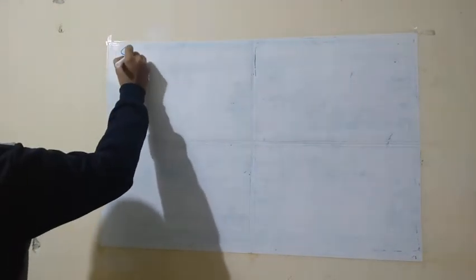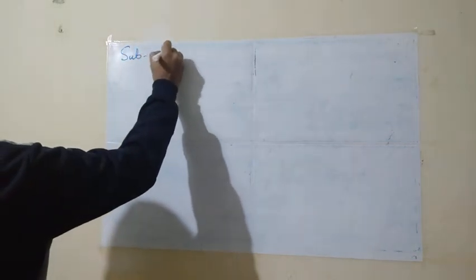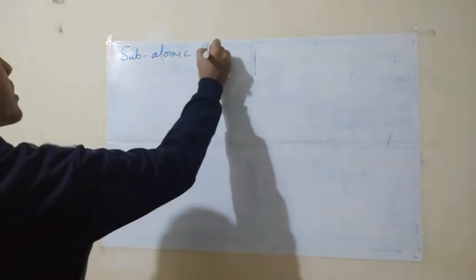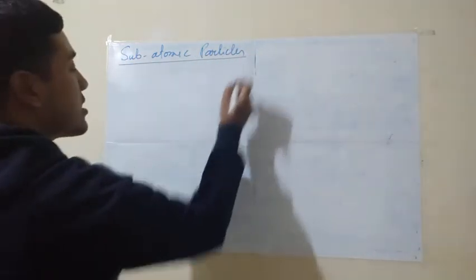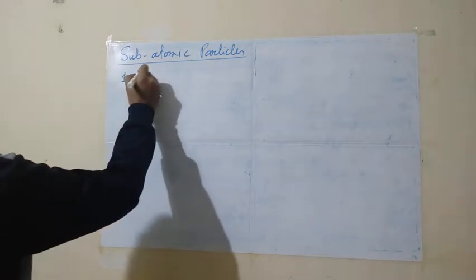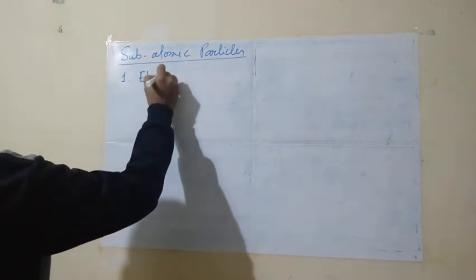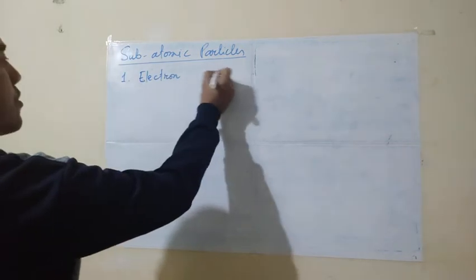Now, subatomic particles. What are the subatomic particles? The first subatomic particle is the electron.